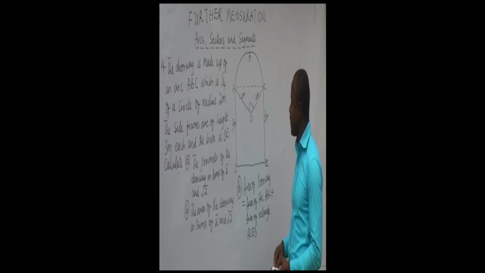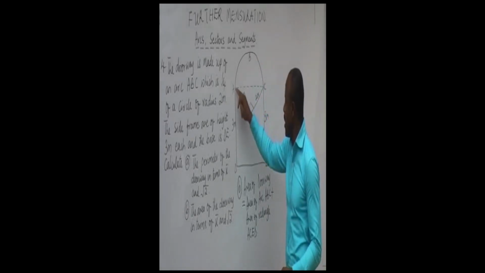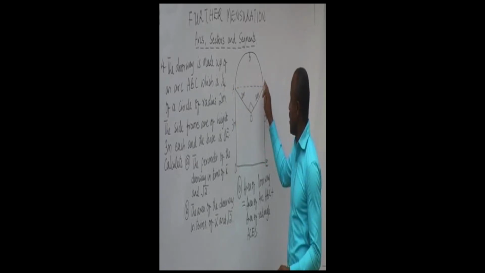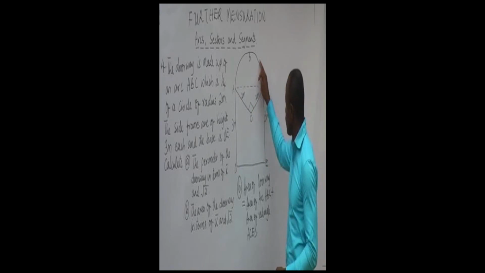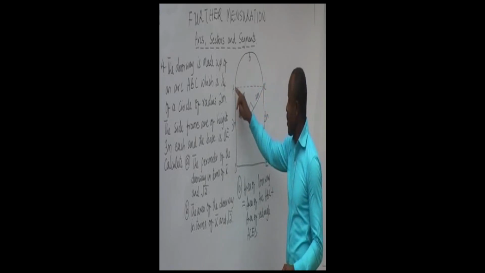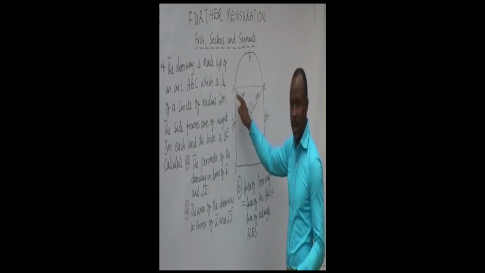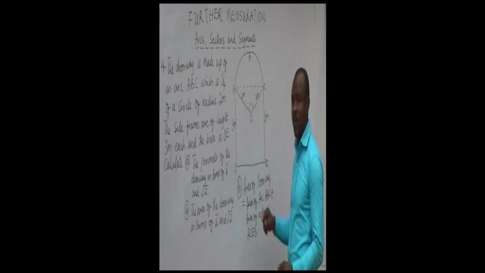Let me repeat myself. The area of this arc that you see here, which is ABC, is equal to the area of the whole sector, the sector OCBA, minus the area of this triangle ACO.